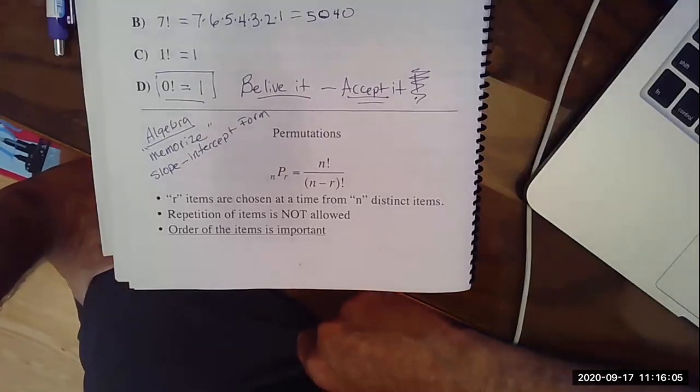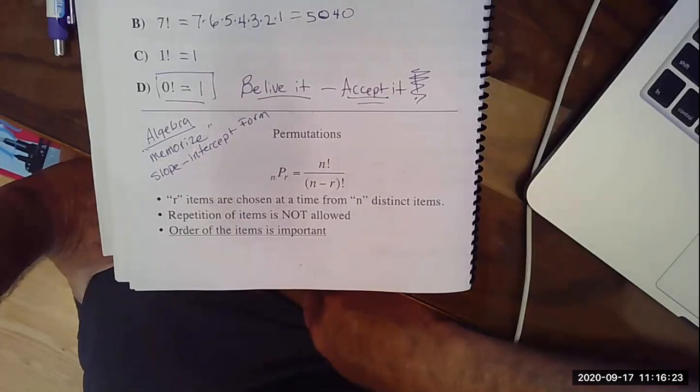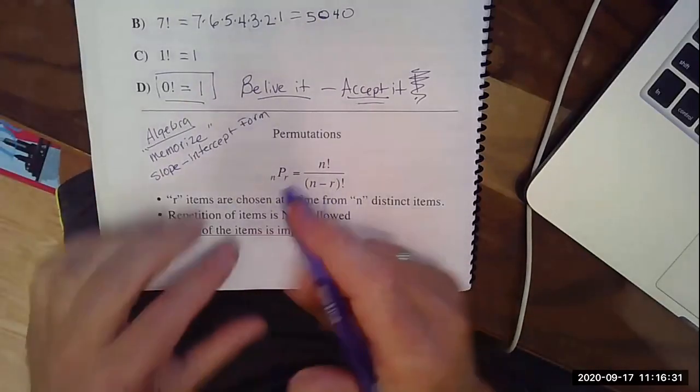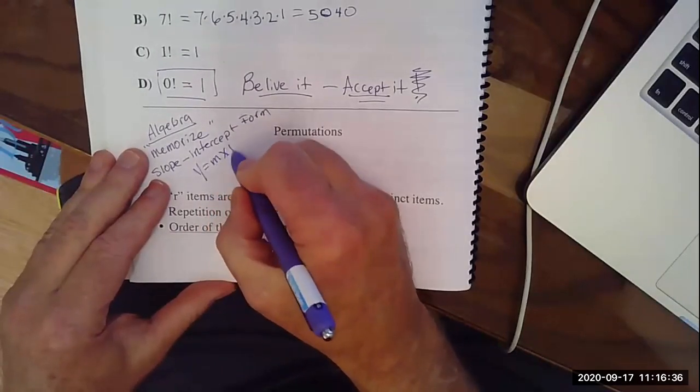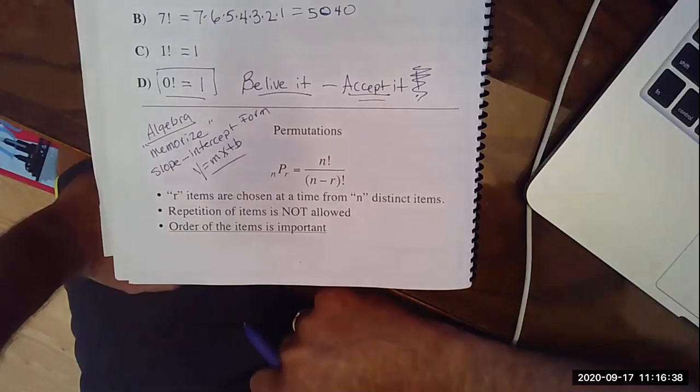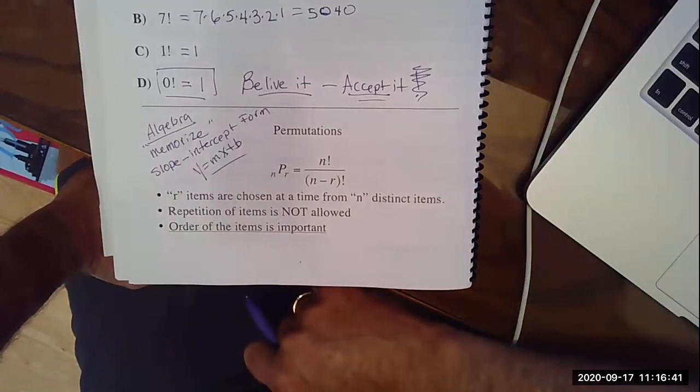If I knew your background, you know, what your math classes were, I'll bet you $1 that your instructor said, well, you need to memorize some things. You need no notes on the test. That means you got to memorize. And one of the formulas, that was a very famous one, is slope-intercept form. I'll bet you $1. Everybody had to have no notes, so they got to remember this. This one here was y equals mx plus b. Okay, that's a formula. That's an equation or a formula.